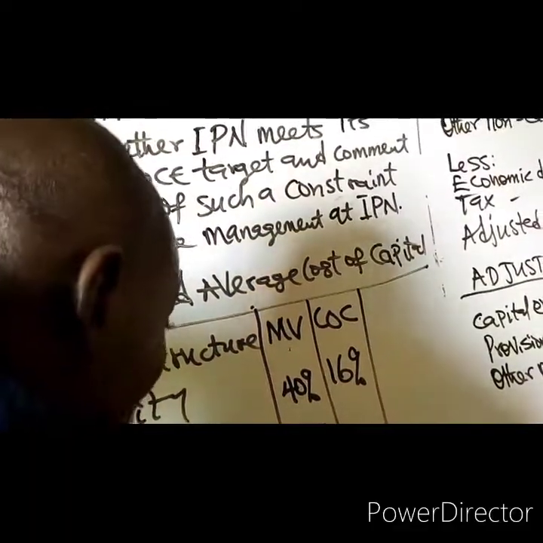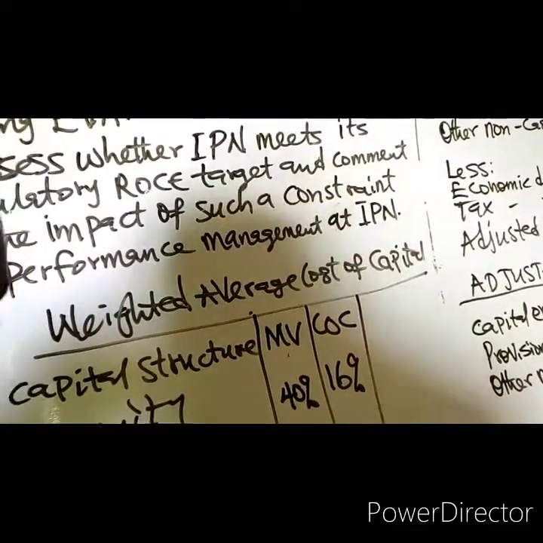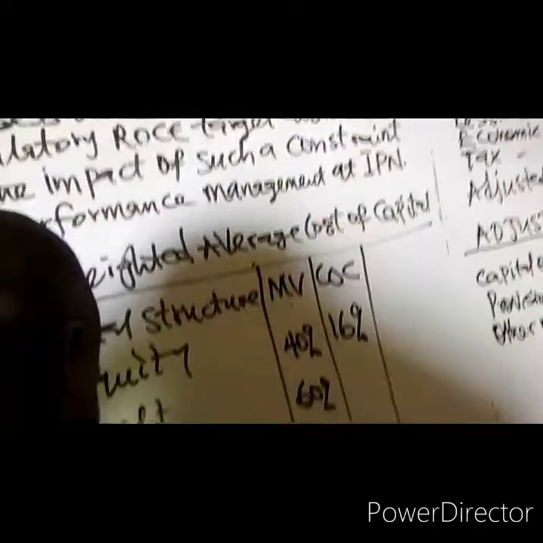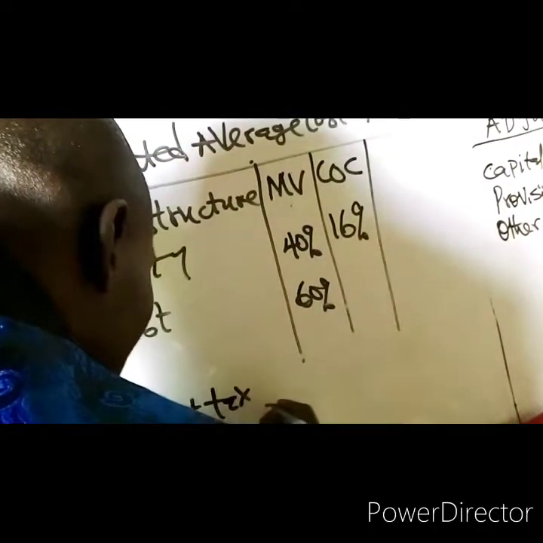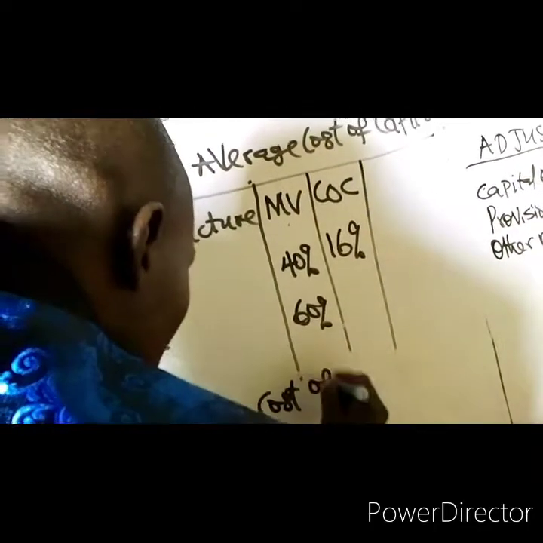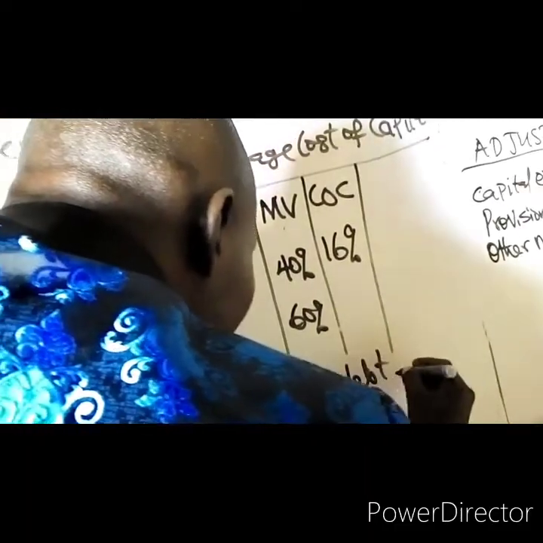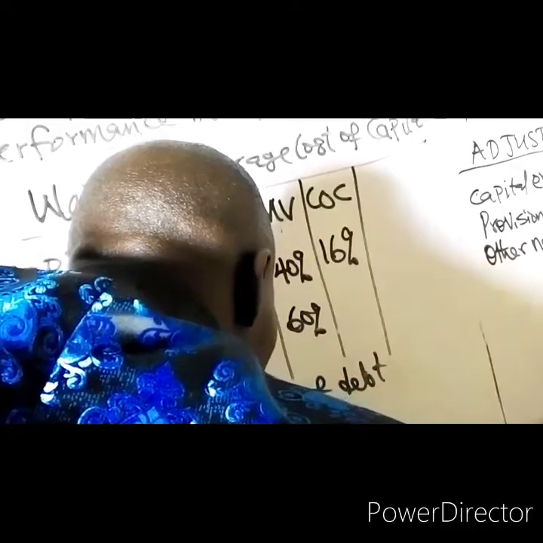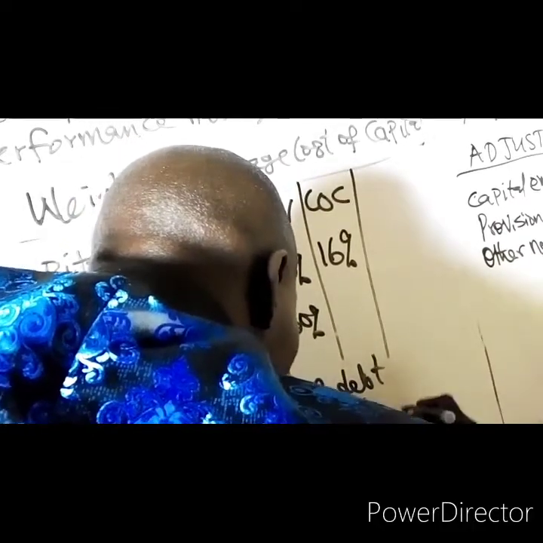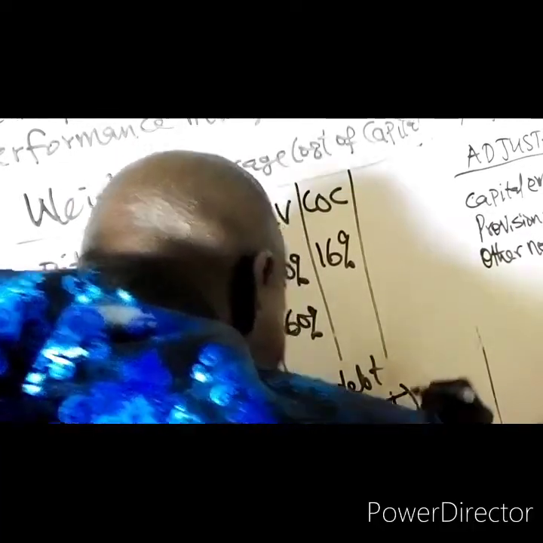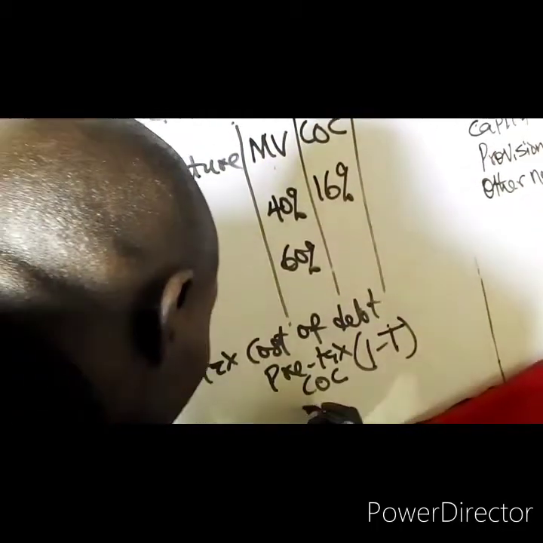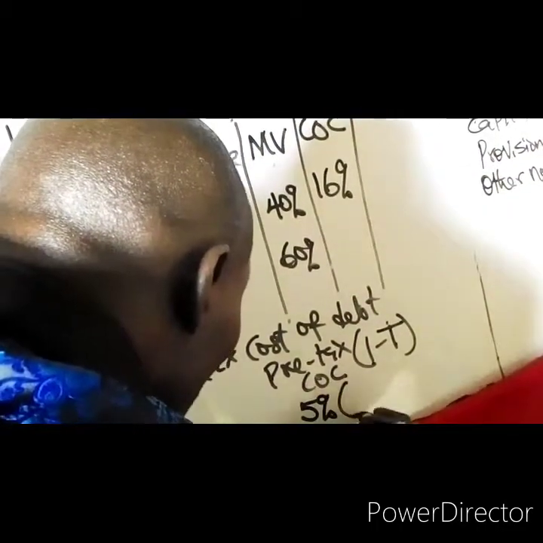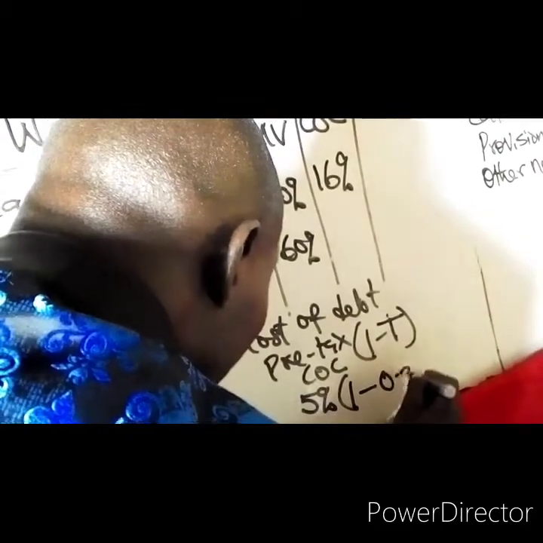So you have to compute the post-tax cost of debt, which is pre-tax cost of debt times 1 minus tax rate. Pre-tax cost of debt is 5% times 1 minus the tax rate, which is 25%.